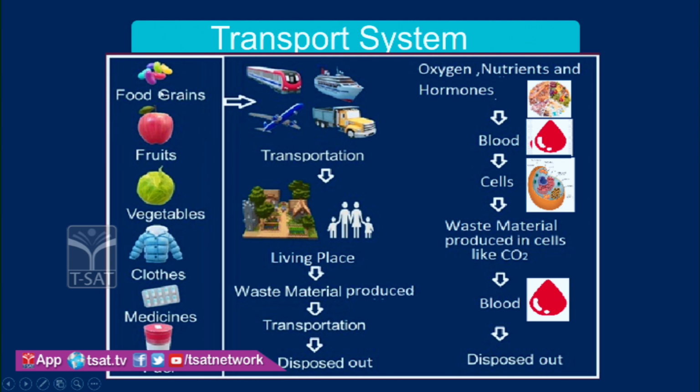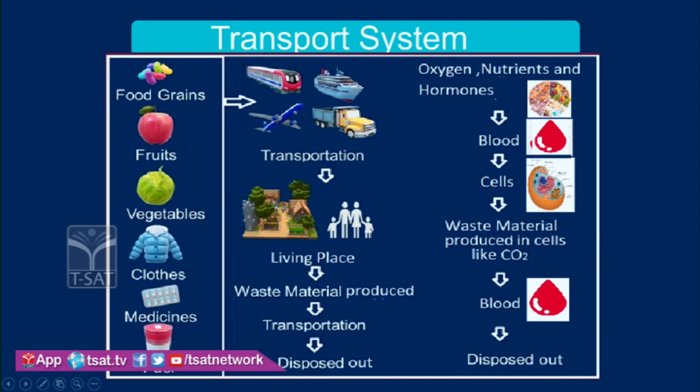We people use several products in our daily life: food grains, fruits, vegetables, clothes, medicines and fuels, and many other products. How is this possible? Because they are coming to our places.